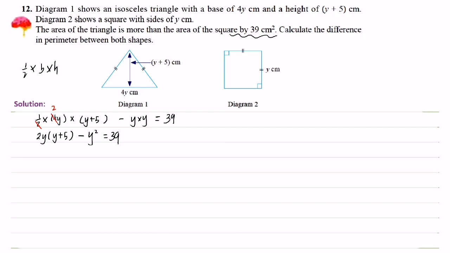And now we expand the bracket. 2y times y equals 2y squared. And 2y times 5 equals 10y. Minus y squared equals 39.